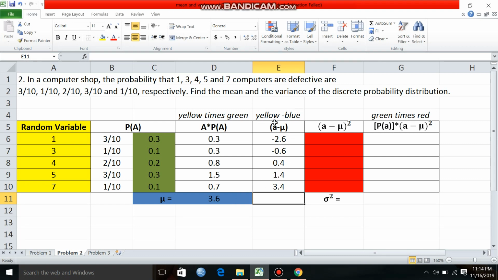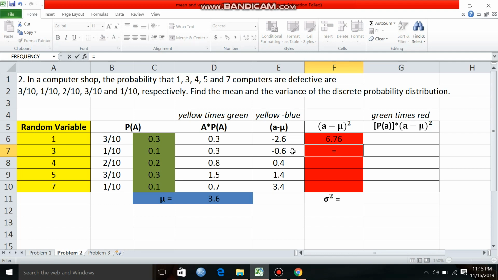Now, after subtracting the mean from the values of the random variable, we need to multiply each result by itself. Negative 2.6 times negative 2.6 is 6.76.